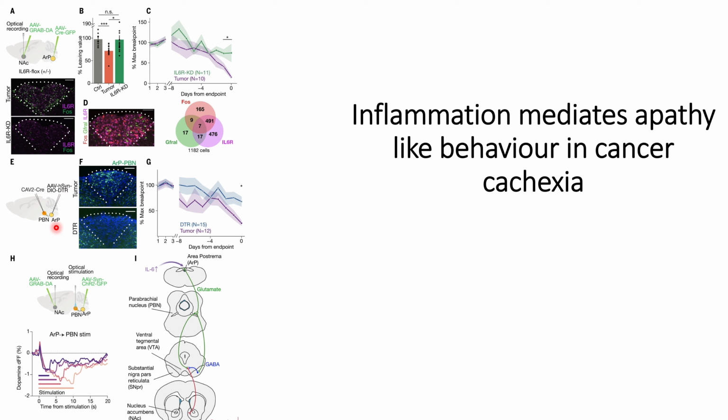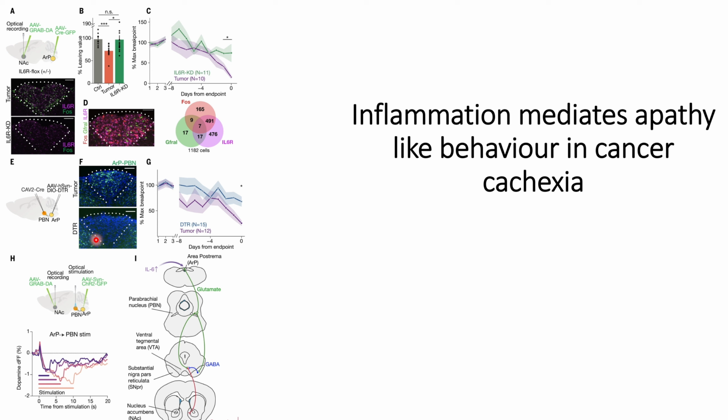It is ARP and PBN knockdown, as these seem to be the initiator for triggering these Cachexia behaviors. When they knock down this ARP and PBN, in the case of tumors, the ARP PBNs are shown here, and when the ARP PBN is knocked down using this DTR, they see less.